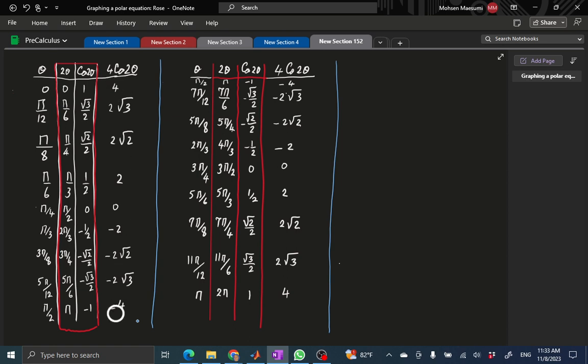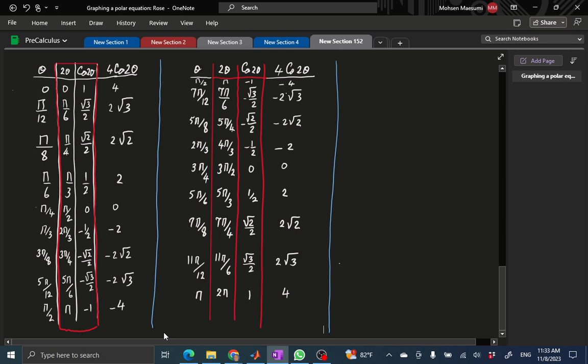These values are going to be 4 times that, because the radius of the rose is 4. So you need to make this table so that you'll be able to follow the rest of the discussion and the graphing. We are not going to have access to this page when we go to the other page. Unfortunately, we cannot have them side by side. We kind of need sort of a double monitor for this.